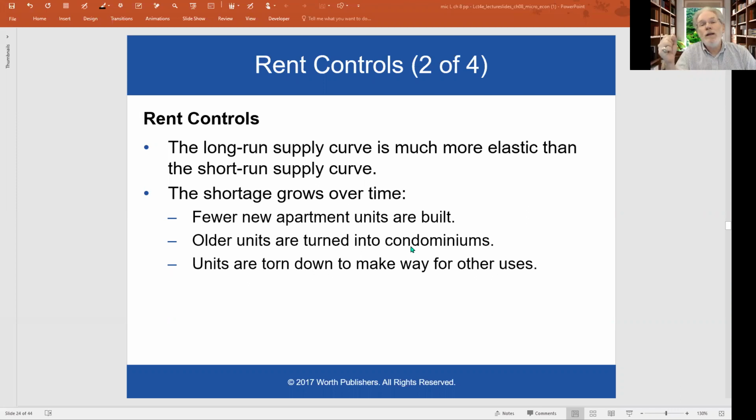Well, one way the owner of the complex can get around this restriction is to say, well, I'm going to turn my units into condominiums, which means rather than continuing to own the complex, he's going to take each unit and sell it to someone. So you might be living in this unit and you're paying, let's say you're in California where the rents are rather high, $2,000 a month.